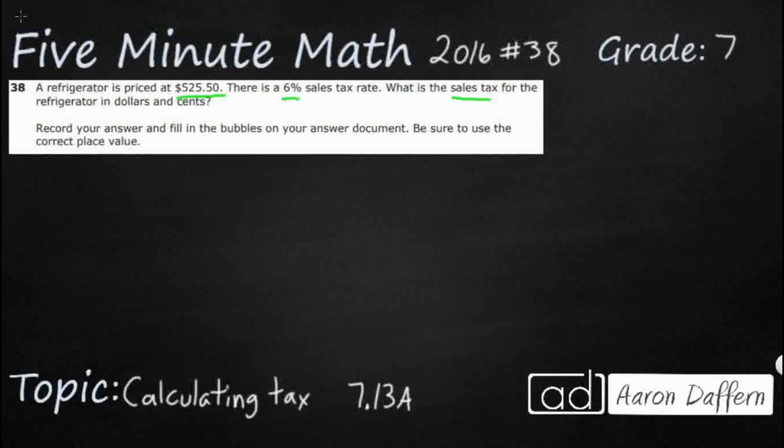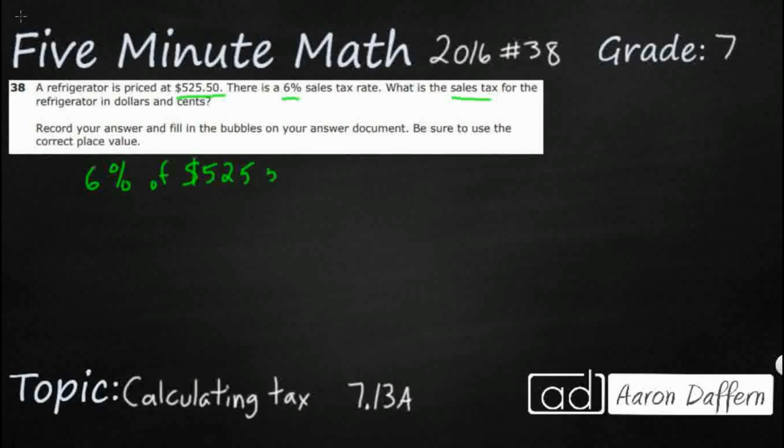How do we find what 6% of $525.50 is? Easiest way to do that is to realize that if we want to find the percentage of something, we multiply. So we do 6% of $525.50.